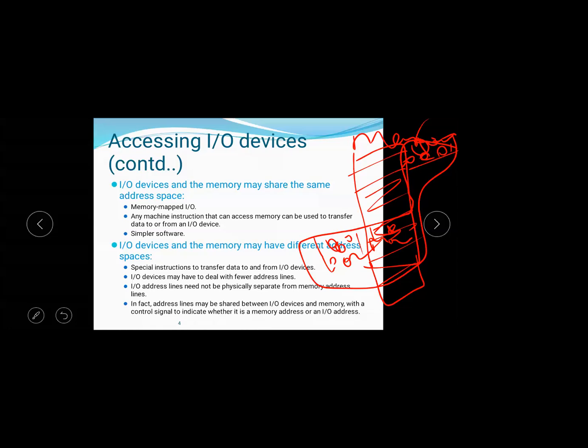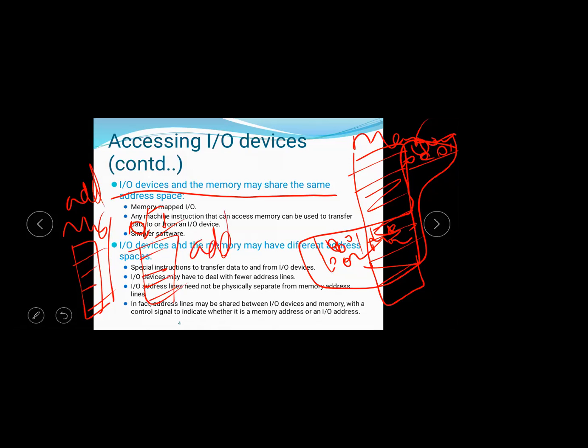That's why the IO devices and memory may share the same address space. This is one space and this is a different space: for the memory unit the addresses are different, and for the input output devices the address space is different. This is the memory address space. This is the IO device address space.